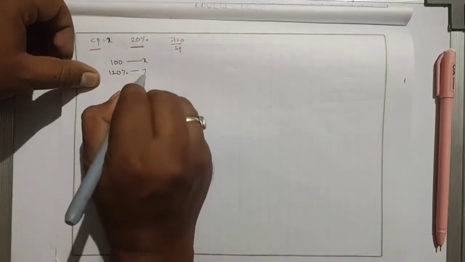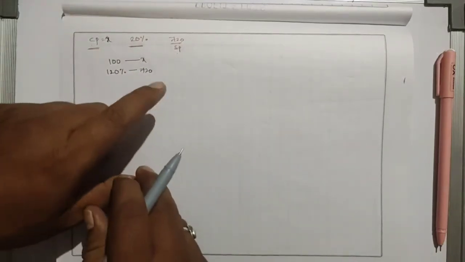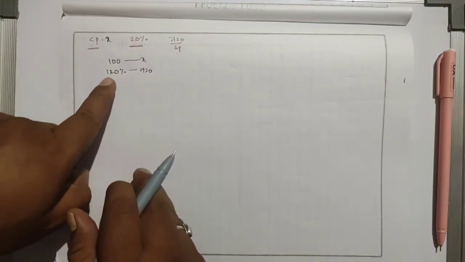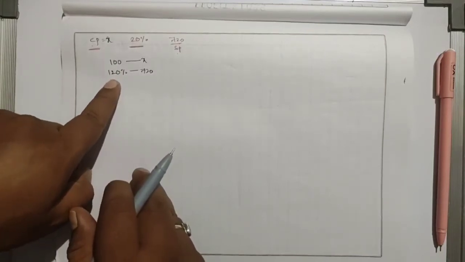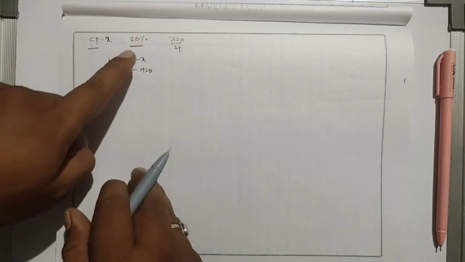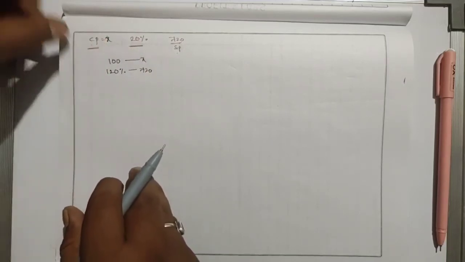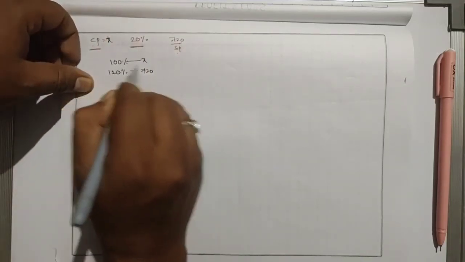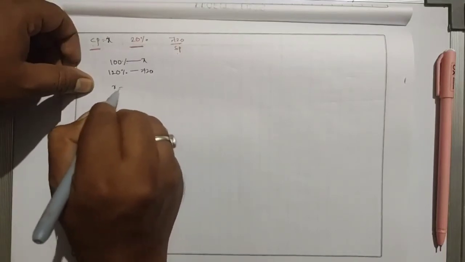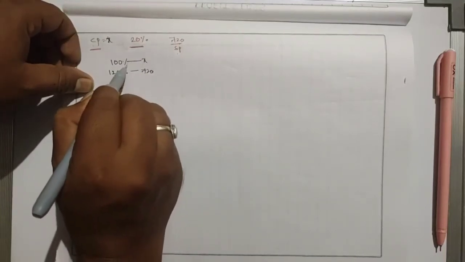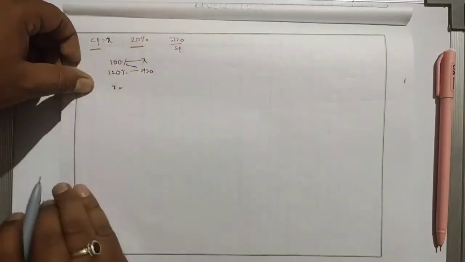It is the 720. It means by selling the article at 720 rupees, he got the 20% profit, and the cost price is, we don't know, take as x, that becomes the 100% here. So now if you want the x, you should multiply these two and take the opposite one.